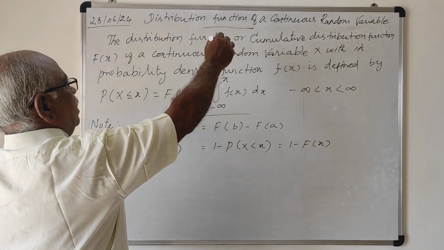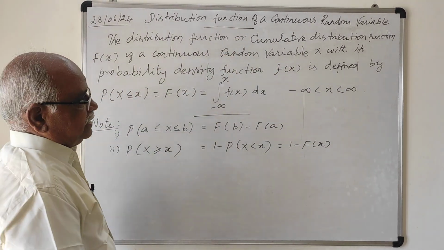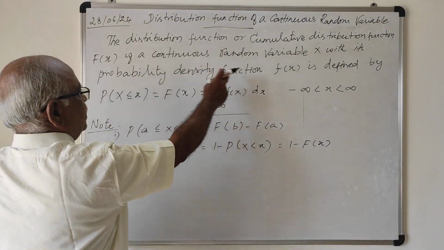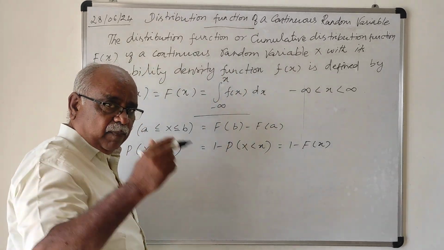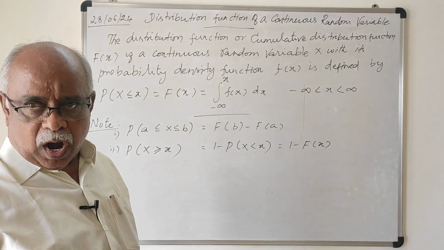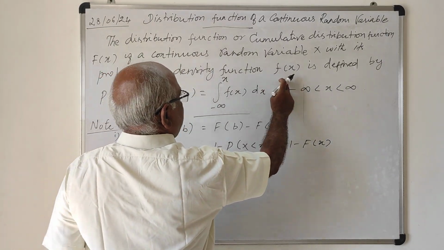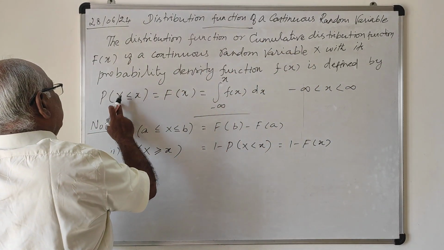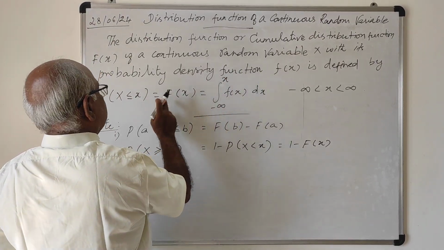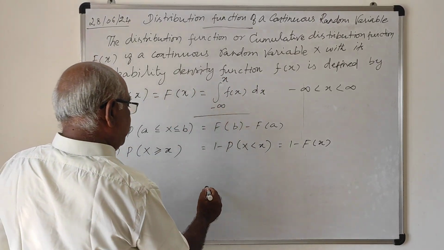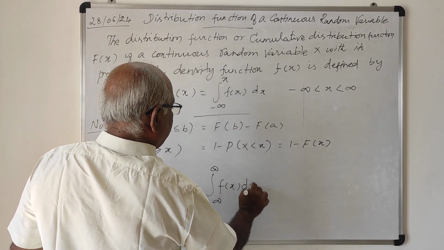So the distribution function or cumulative distribution function capital F of x of a continuous random variable x with its probability density function. This we have defined already: the integral from minus infinity to plus infinity of f of x dx is 1.